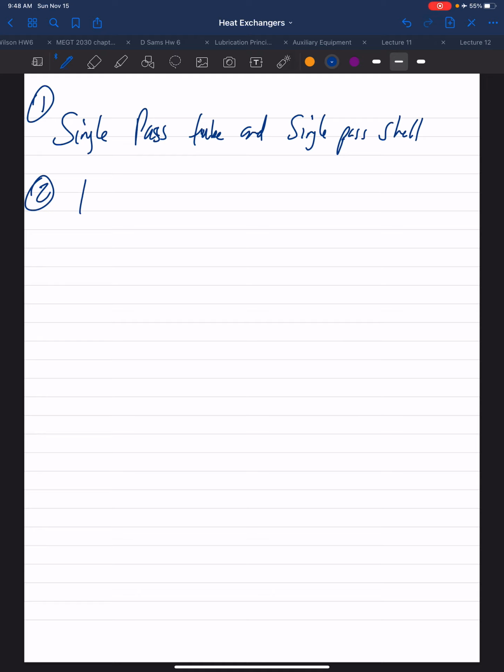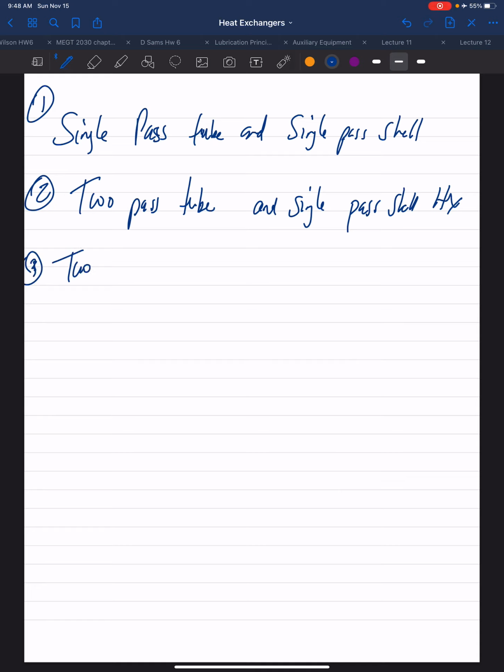You can have a two pass tube and single pass shell. And you can have two pass tube and two pass shell.